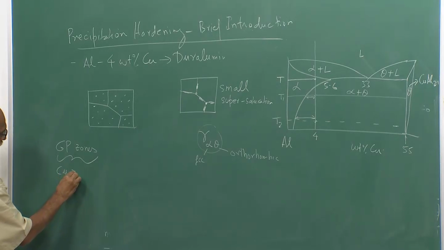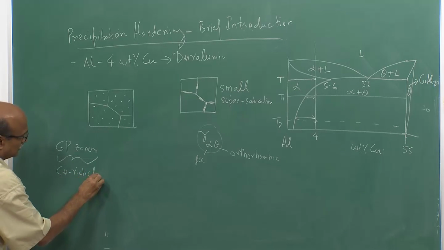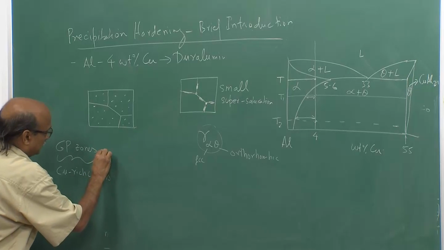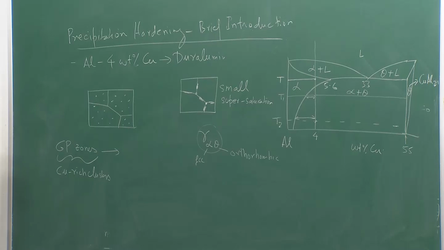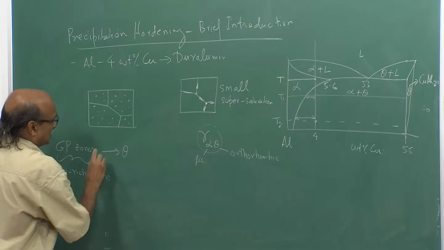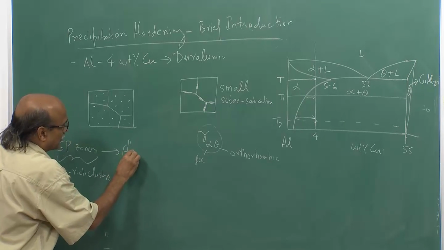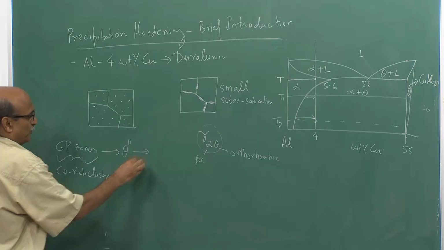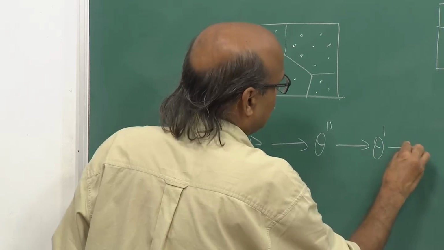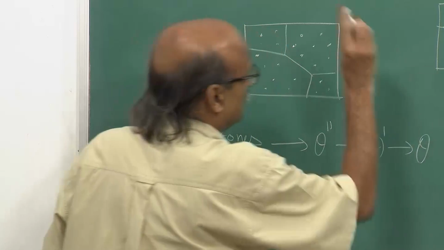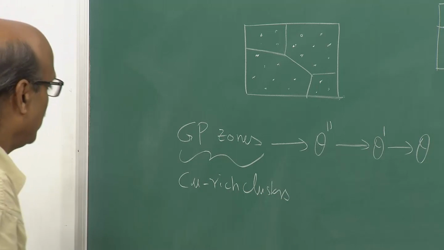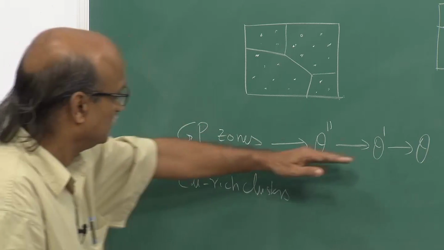Eventually, they transform to another metastable phase, theta double prime, and this theta double prime decomposes to theta prime, and eventually it forms the equilibrium theta phase. So, theta forms in these steps.